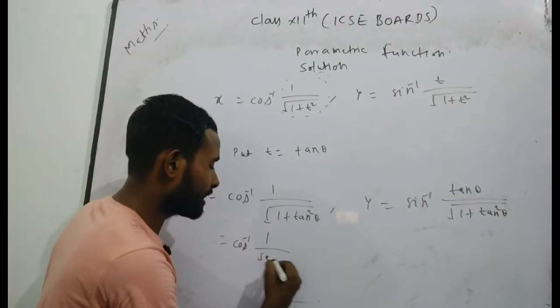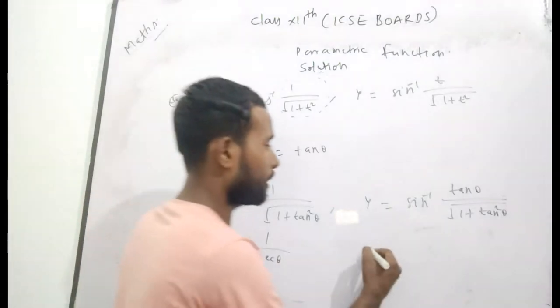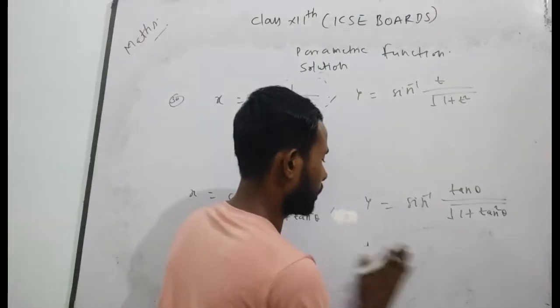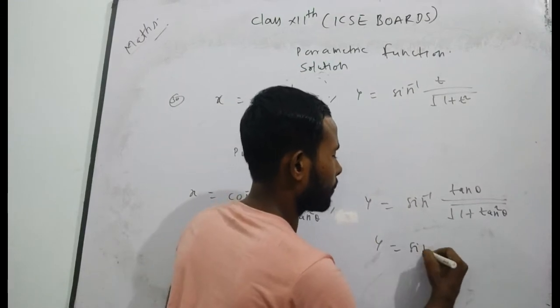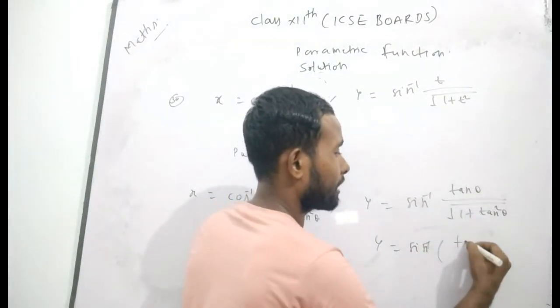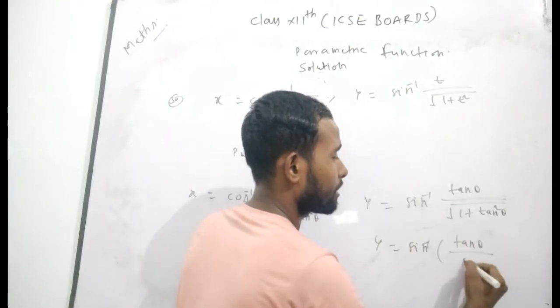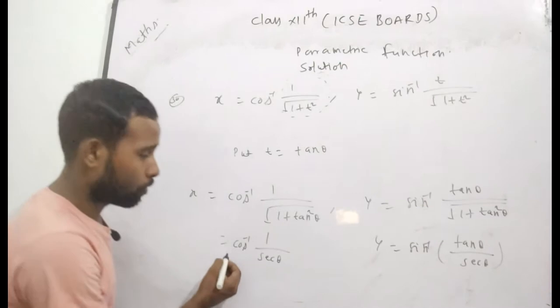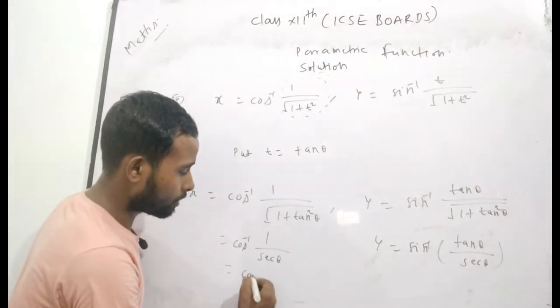So here you can write sec theta, and y is equal to sin inverse of tan theta by sec theta. I think you understand very well. Now, x is cos inverse of what?